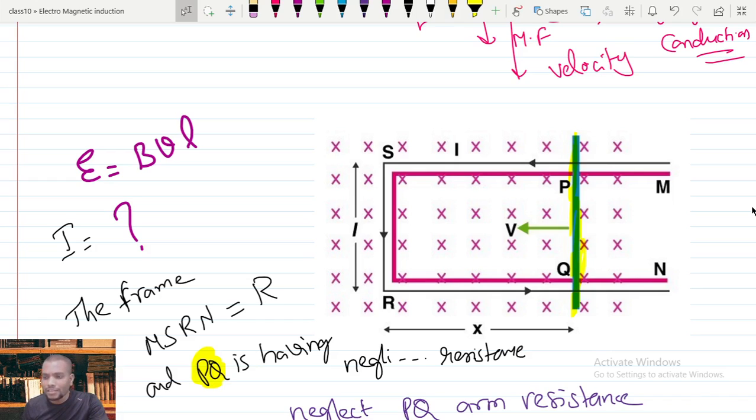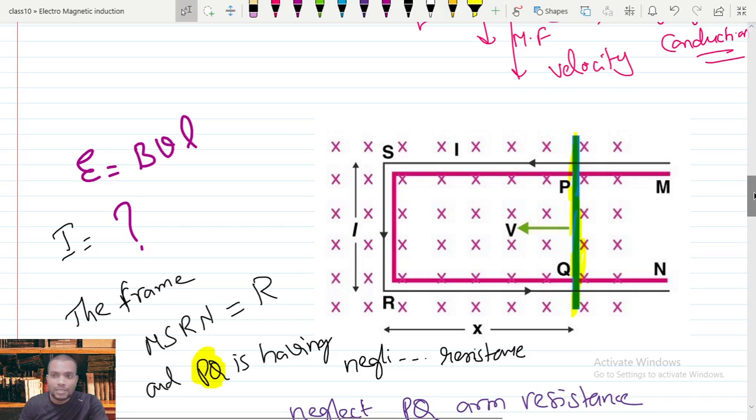So here everything is mechanical energy. To move the arm PQ we require mechanical energy. The mechanical energy expended to maintain the motion of the movable arm is first converted into electric energy because of the induced EMF and induced current, and then it converts into thermal energy. This is also consistent with the law of conservation of energy.